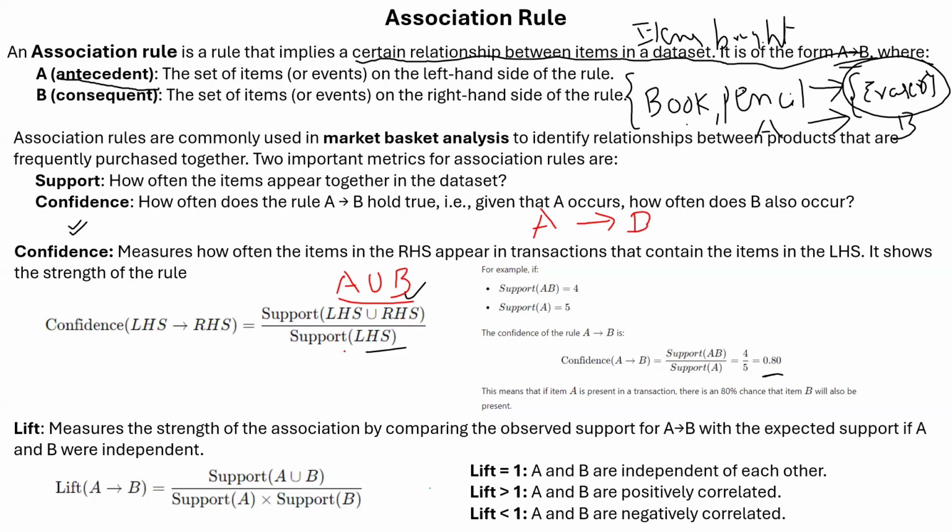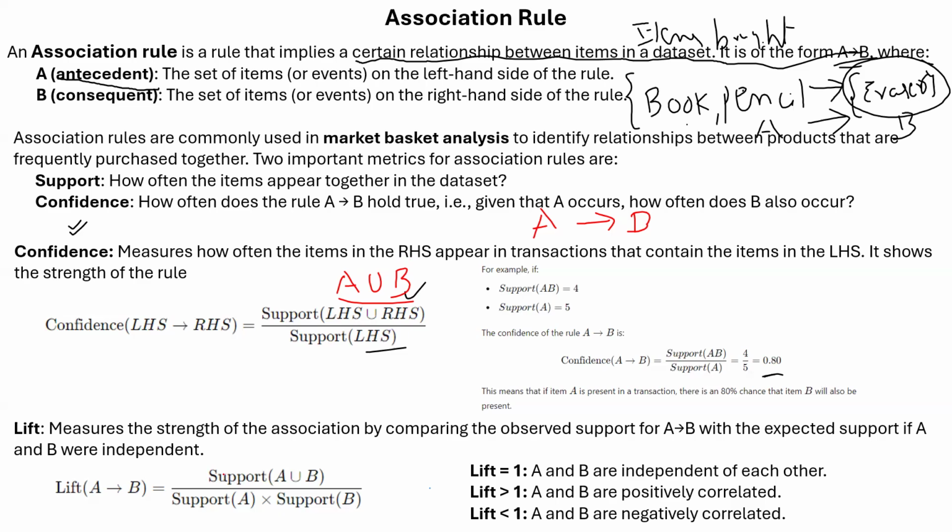If you look at the denominator of confidence, you are not taking the B part into it. You're taking A only, which is on the left side, the antecedent. If this happened, the chances of B happening is what you're calculating, but you're not taking the effect of B happening independently.